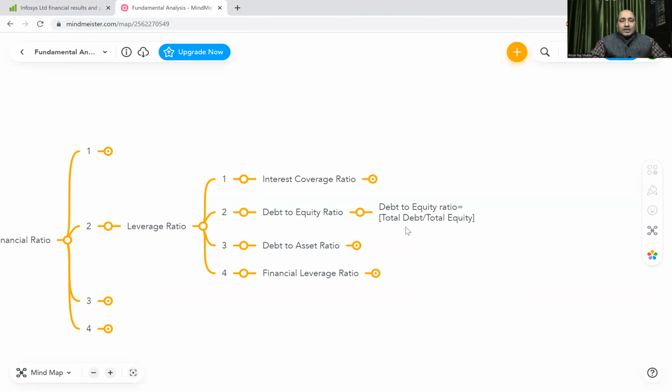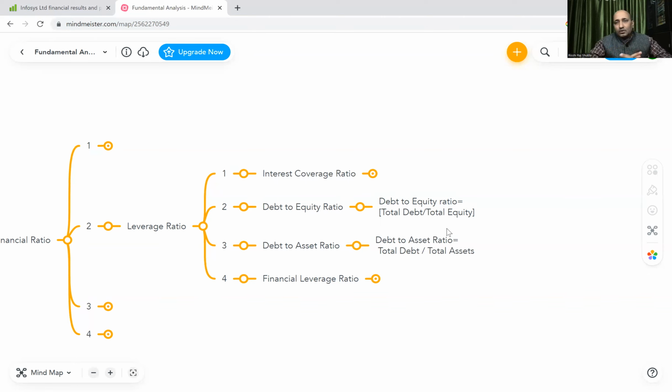Now, another part, the third ratio, is debt to asset ratio. Debt to asset ratio helps us understand the asset financing structure of the company, especially with respect to debt. A company having debt of, for example, 100 rupees, and its assets are, say, 5,000 rupees.